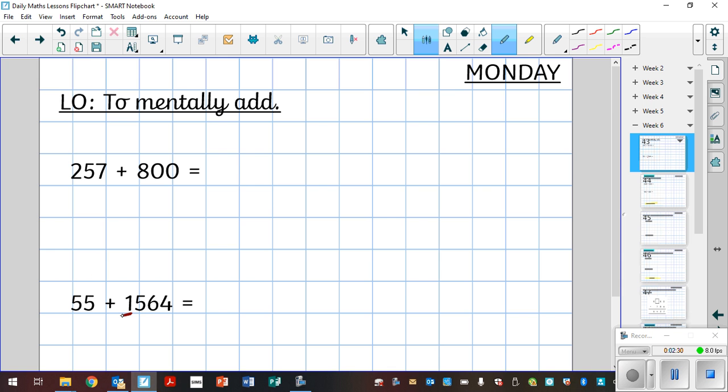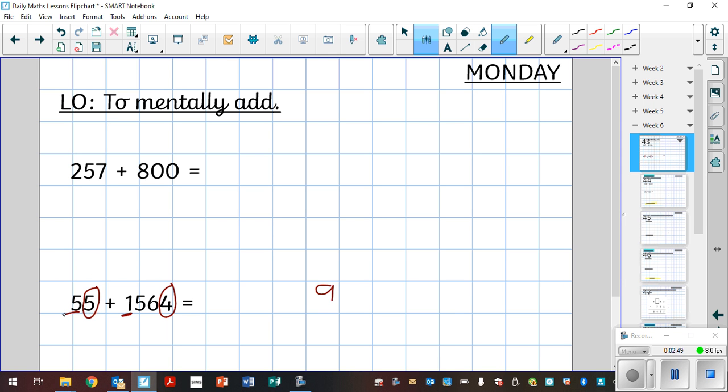So then that would cross over to the thousands. Now, if we have a look at the ones column, I can see that 5 plus 4 is 9. We don't have to bridge that 10, so 9 would be in our ones column.